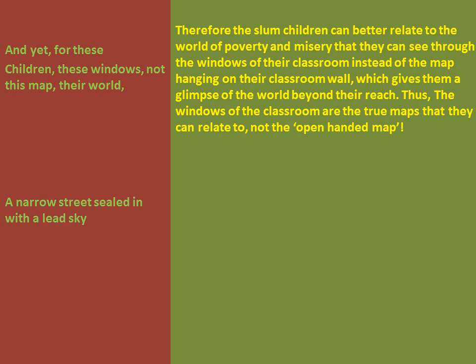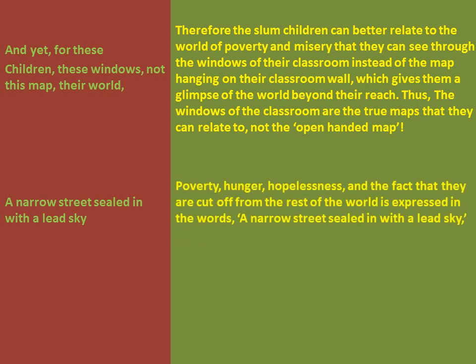A narrow street sealed in with a lead sky. So here, a narrow street sealed in with a lead sky refers to poverty, hunger, hopelessness, and the fact that these slum children are cut off from the rest of the world. That is being expressed by these phrases.